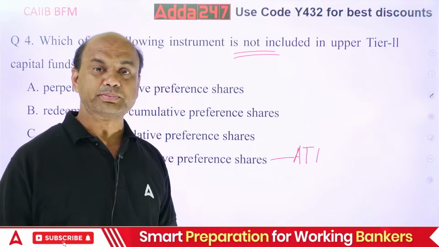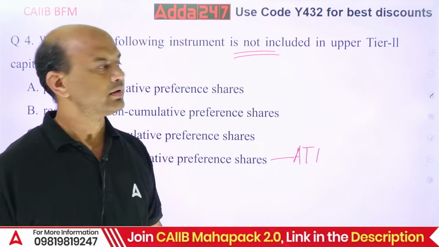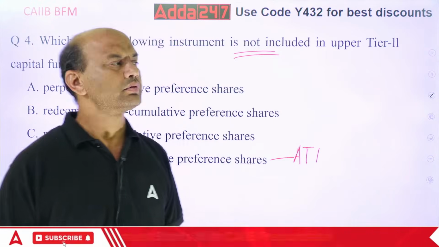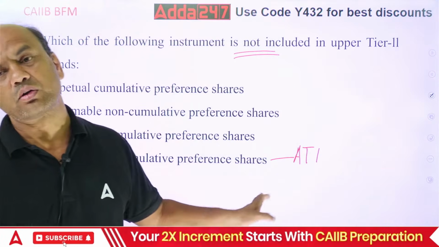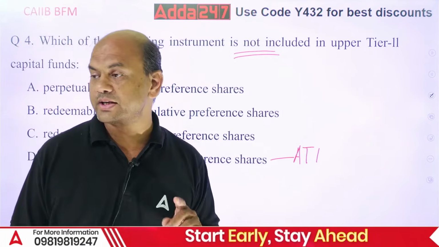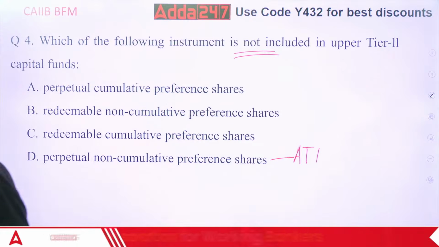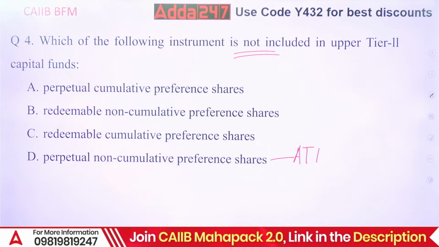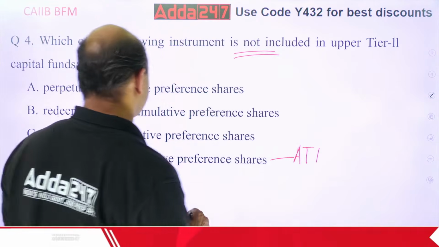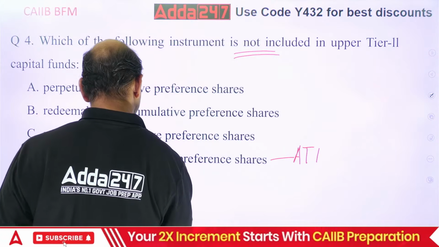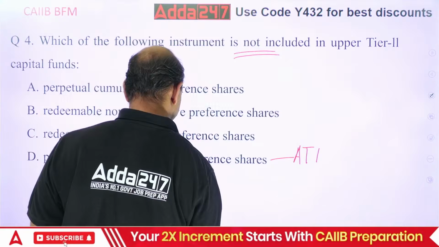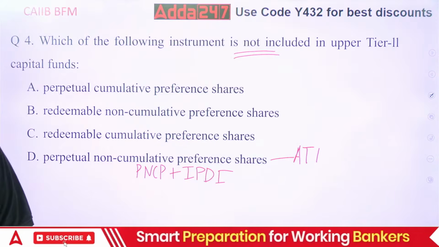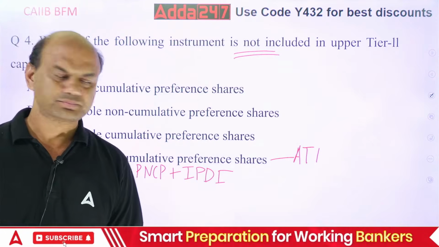Earlier, almost 10-15 years back, PNCPS was taken in tier 2, but now it's gone. So now kindly note, PNCPS are a part of tier 1 capital, and that also additional tier 1. PNCPS and IPDI are both in tier 1, additional tier 1, AT1. Okay? Got it?